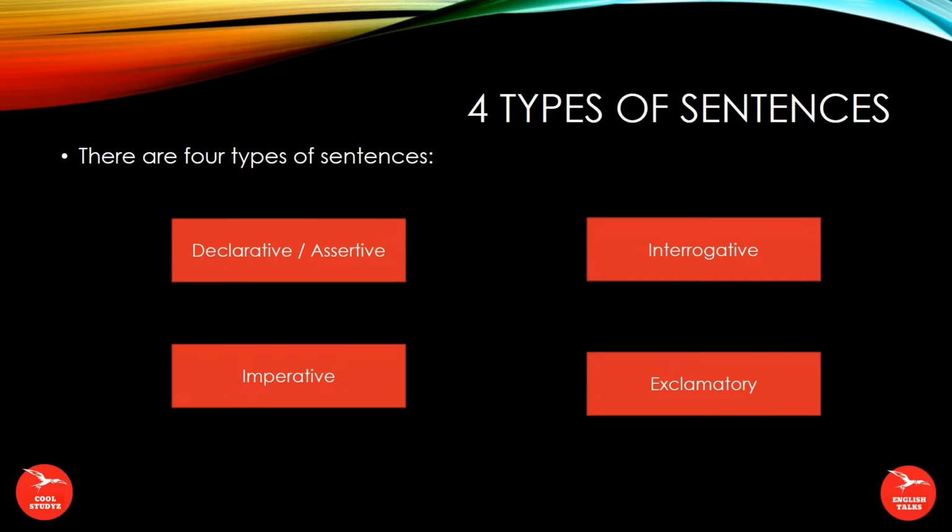Then an interrogative sentence always ends with a question mark, and it can be either a word type question or a yes or no type question. Imperative sentences usually have a command, wish, etc. Whereas exclamatory sentences express someone's feelings. So you can clearly observe what kind of sentences you are dealing with.